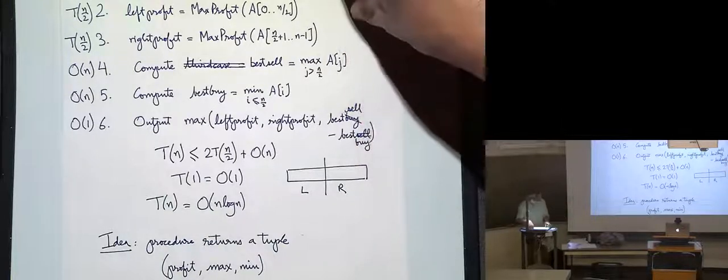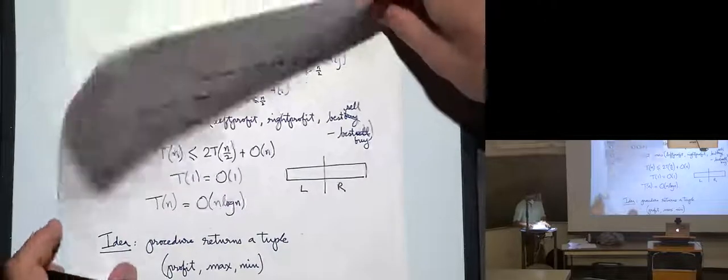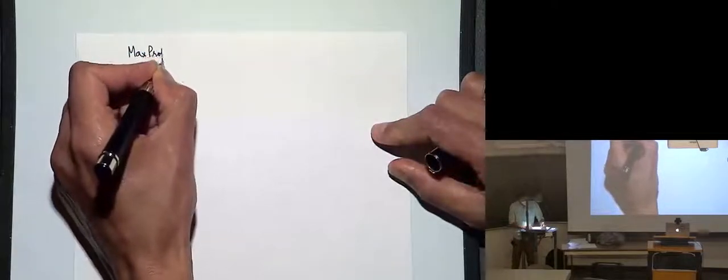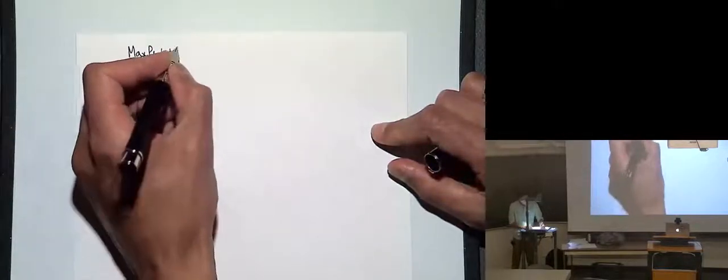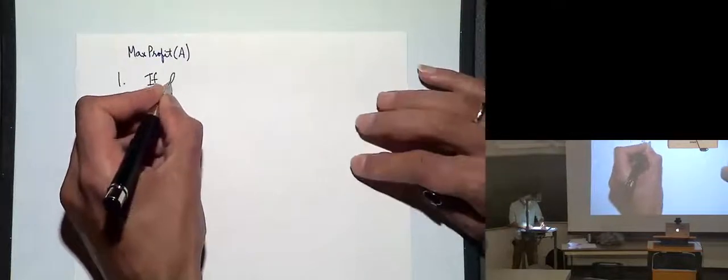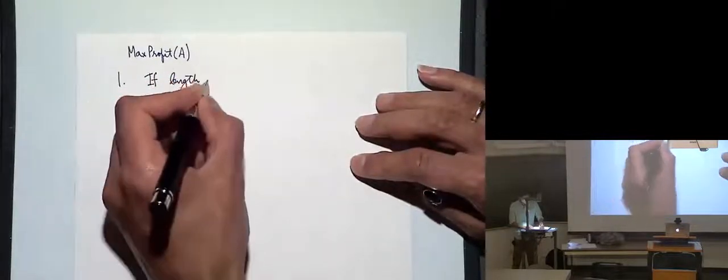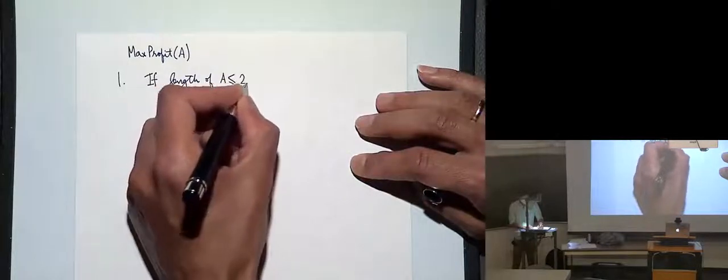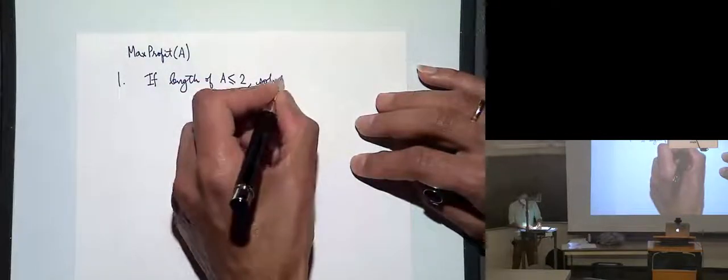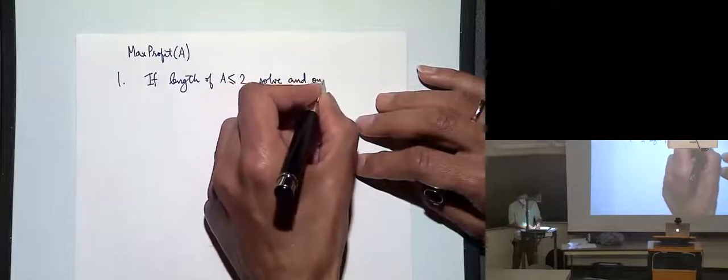Okay? So let me rewrite this. So now you have the max profit of A. Again, if the length of A is less than 2, just solve and output.